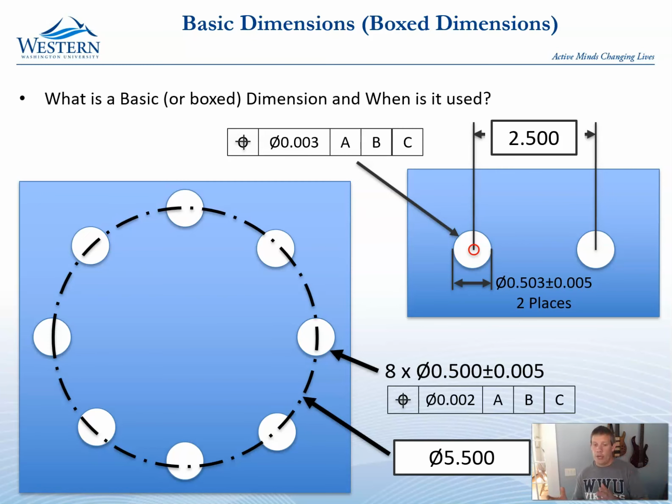Now, if you give the position of the hole a true position callout, as well as a cylindricity callout, which is done all the time, then there would be a basic dimension for positioning the hole, because the tolerance on that hole's position would be taken up by the true position callout.